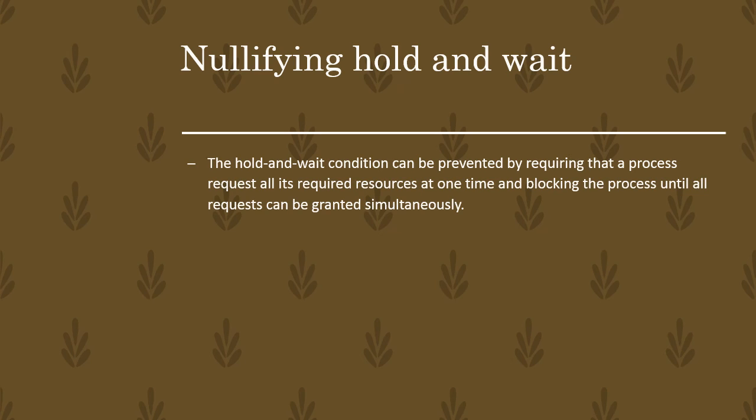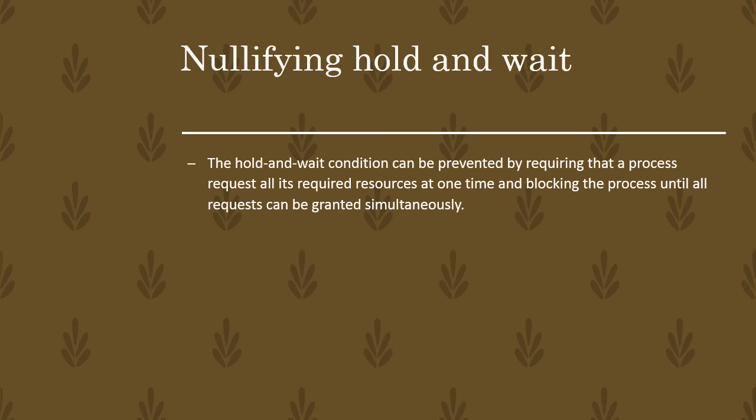Nullifying hold and wait. The hold and wait condition can be prevented by requiring that a process request all its required resources at one time and blocking the process until all requests can be granted simultaneously. Suppose that a process requires 5 resources.